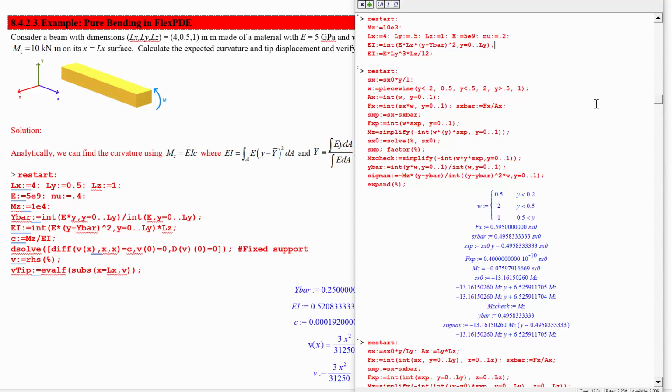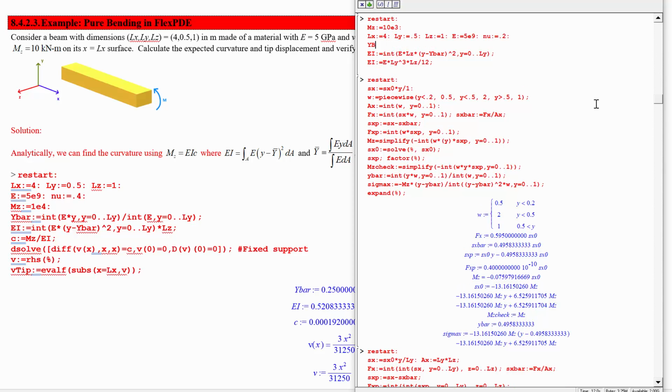The second one, we need to figure out what big Y bar is first. Y bar is equal to the average: the integral of E times y, y is 0 to Ly, times Lz here. Really it's an integral over the whole area, but we're putting that in because it's a constant.